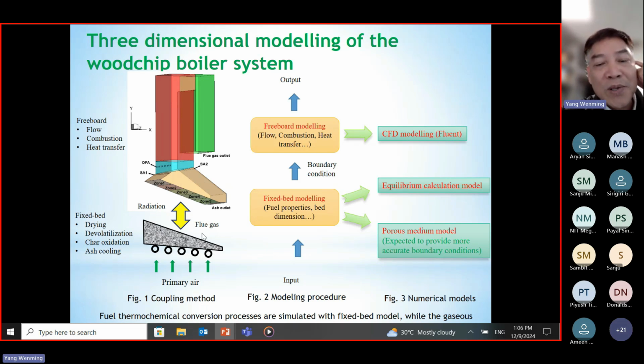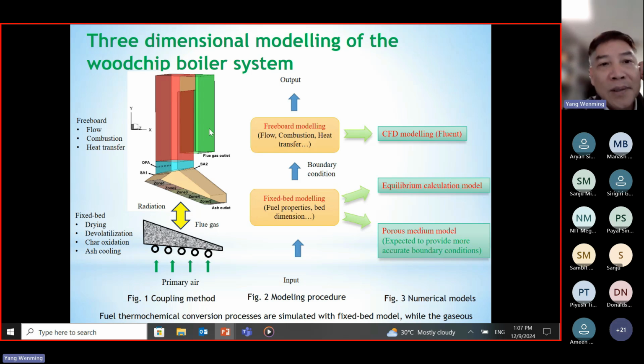The first one is the fixed bed. For this we use a one-dimensional model to simulate the solid fuel combustion process. We simulate the drying process, devolatilization process, char oxidation, and ash cooling process, from here to here.